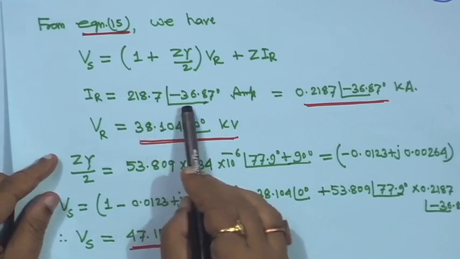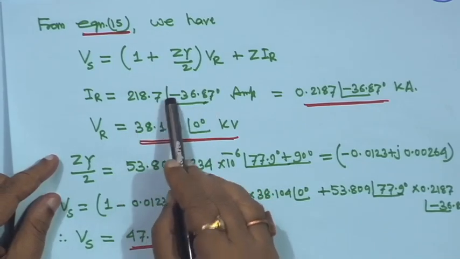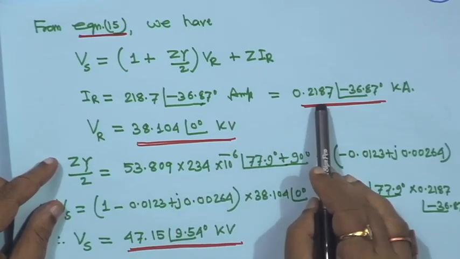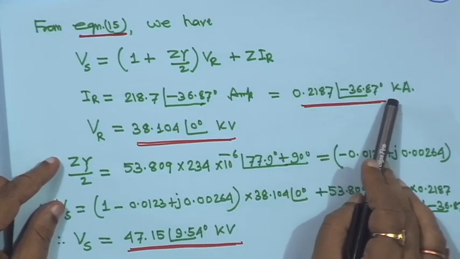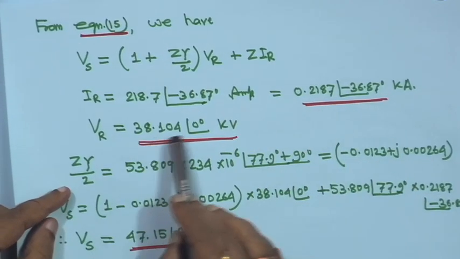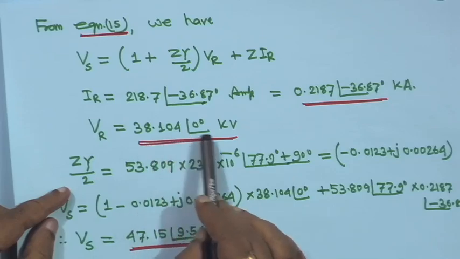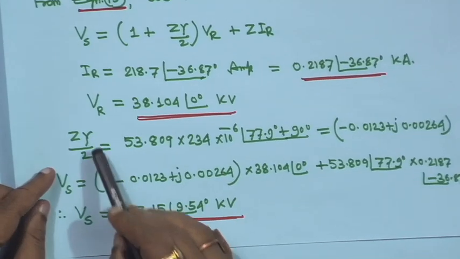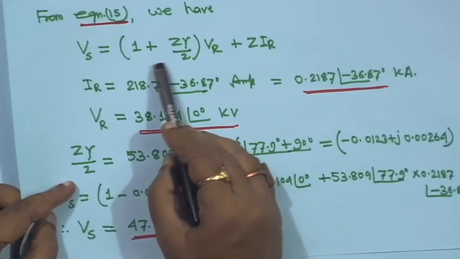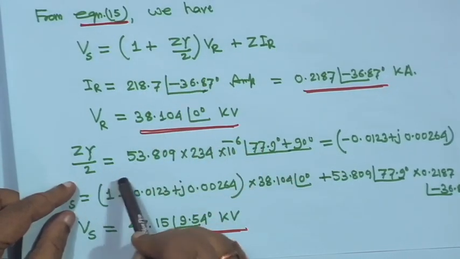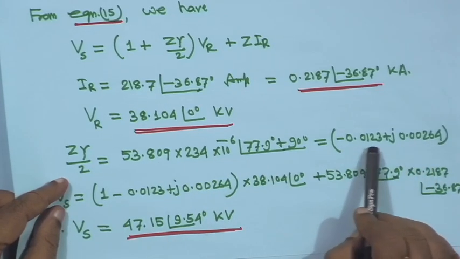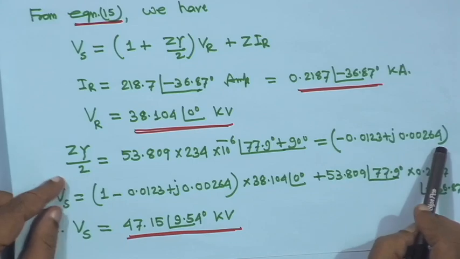So, IR is known, current is lagging, 218.7 angle minus 36.87 degree ampere. Converting to kilo ampere, 0.2187 with this angle. Vr is 38.10 angle 0 degree kV. Z and Y both you have computed. So, ZY by 2 you compute, it will be minus 0.0123 plus j 0.00264.